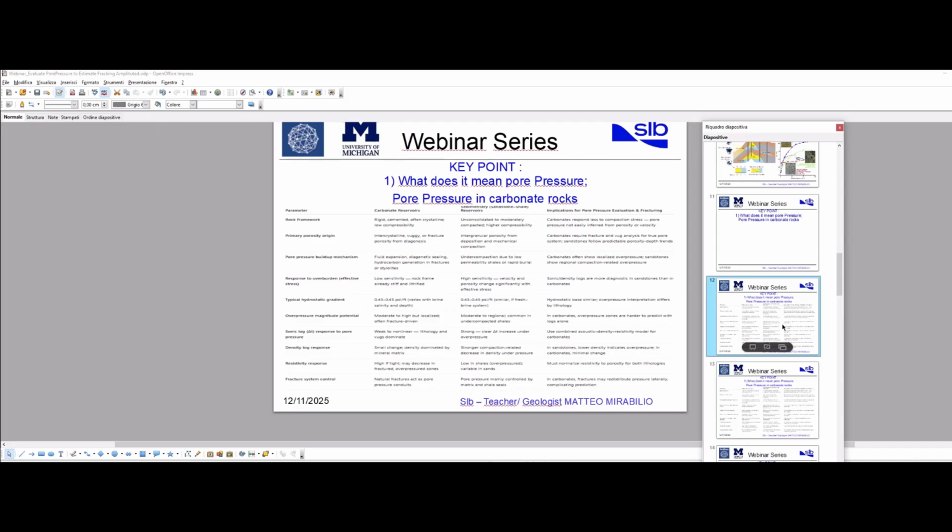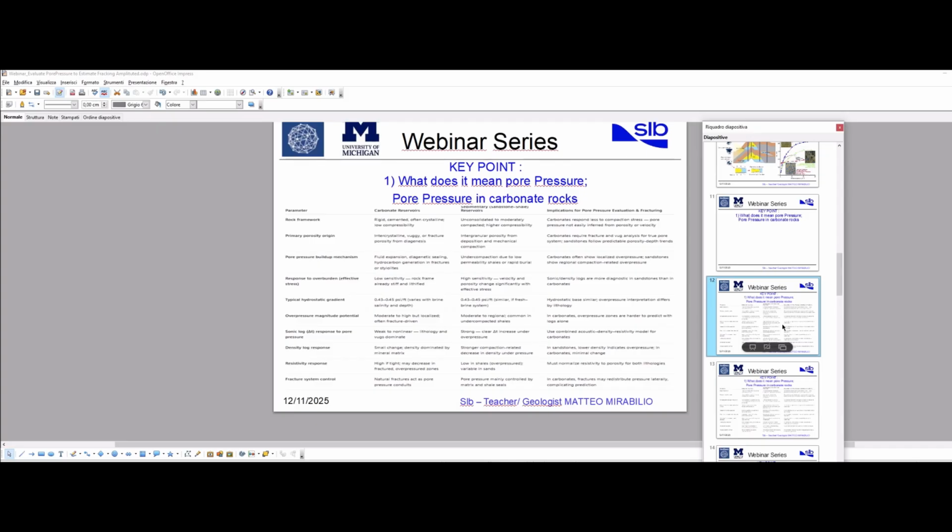So this has implications for pore pressure evaluation, and especially for fracking. It means that for carbonate response we sometimes have less compaction. When we have less compaction, the pore pressure is not easily inferred from porosity and viscoelastic models. That means they can derive different types of fracture, especially explosive fracture like this.